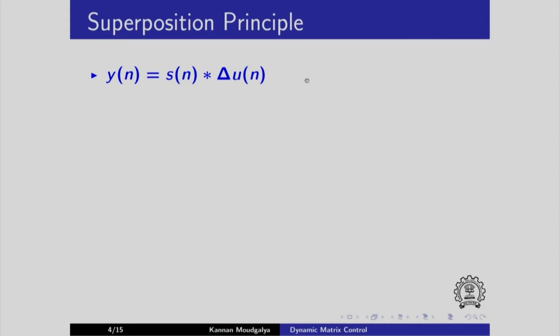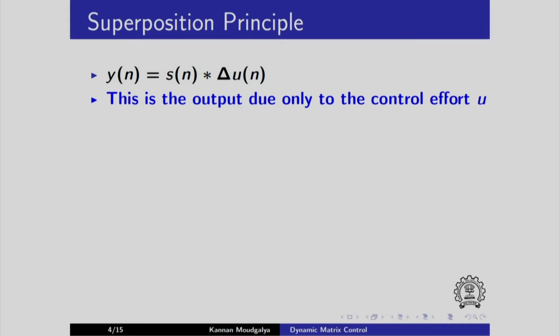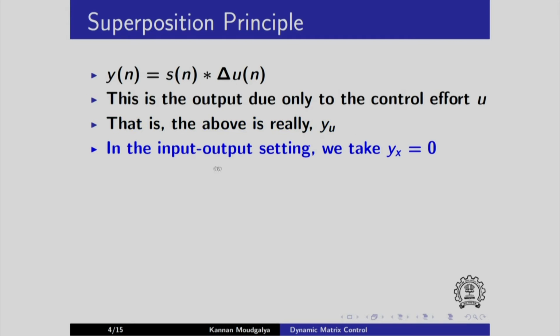This is the expression we arrived at in the previous slide. This is the output due only to the control effort U. That is, the above is really Y sub U, because we have taken Yx to be equal to 0, that is 0 initial state in the input output setting.